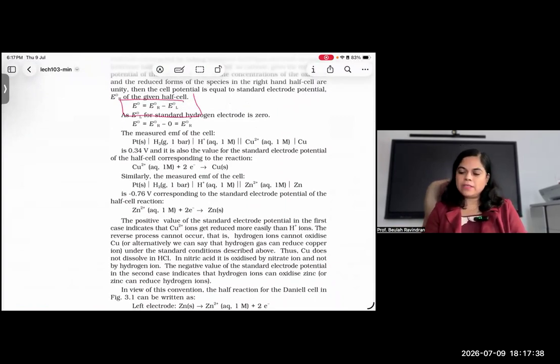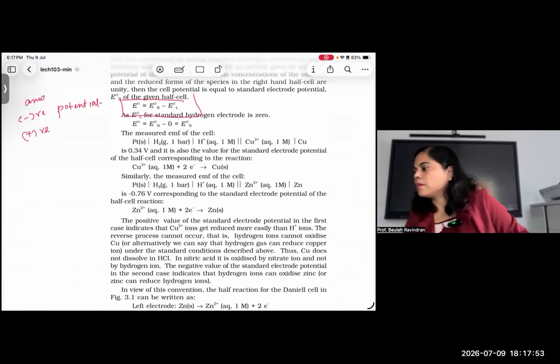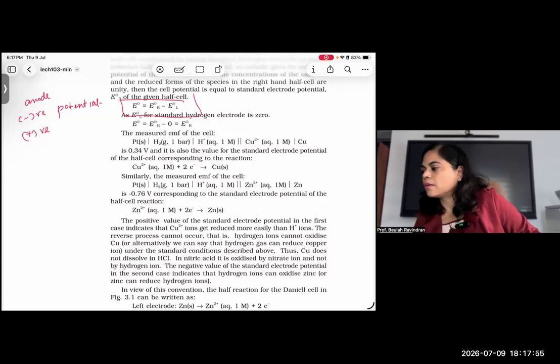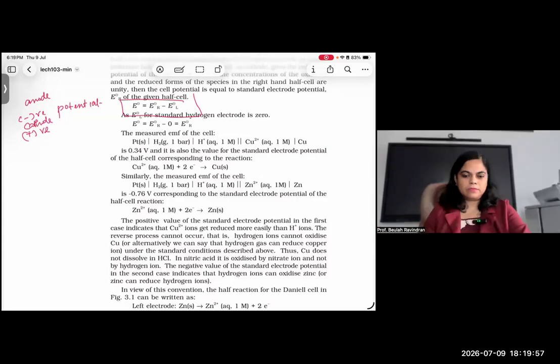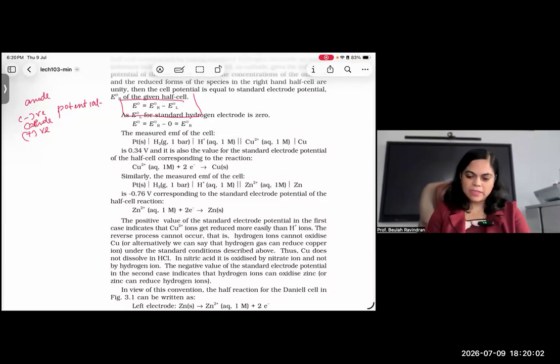In a galvanic cell, the anode has negative potential with respect to the solution, and the cathode has positive potential with respect to the solution.